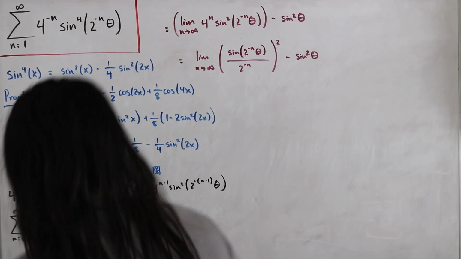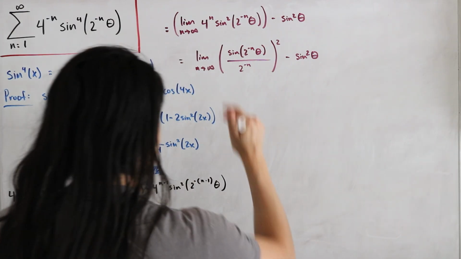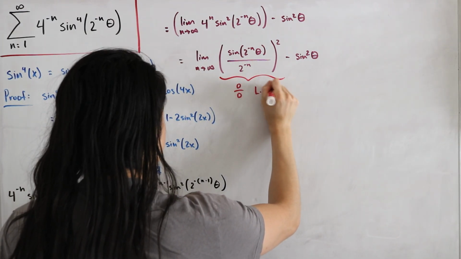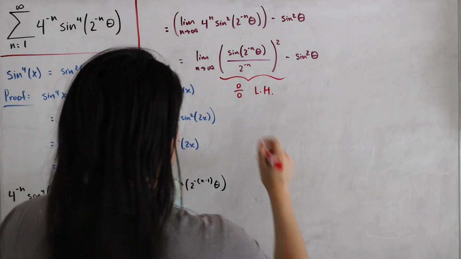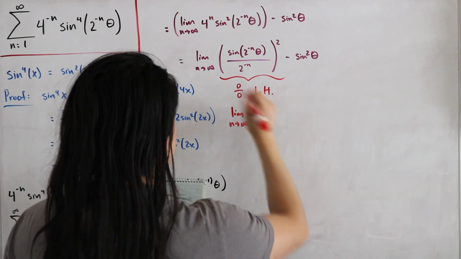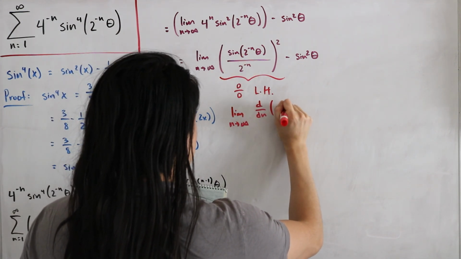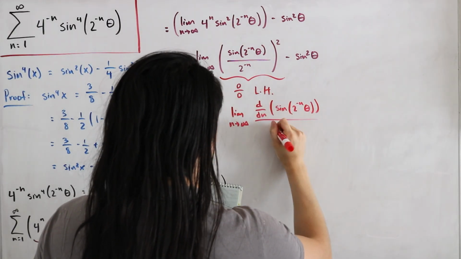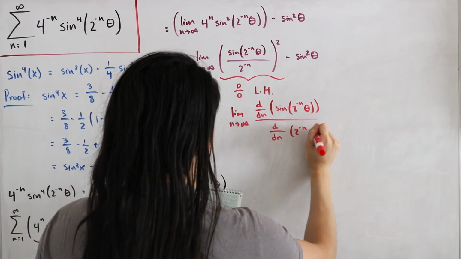So that means we will have to apply L'Hopital's rule, meaning that we have to take the derivative of our numerator and the derivative of our denominator. So why don't we do that? Taking the derivative, we would have the limit as n approaches infinity, and we have to take this with respect to n. So d divided by dn of sine of 2 to the negative n theta, divided by the derivative with respect to n of 2 to the negative n.